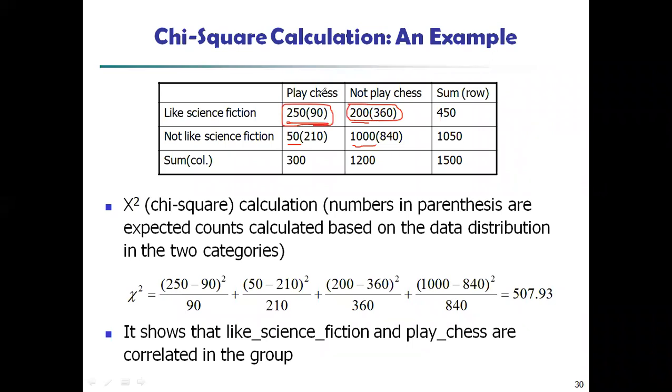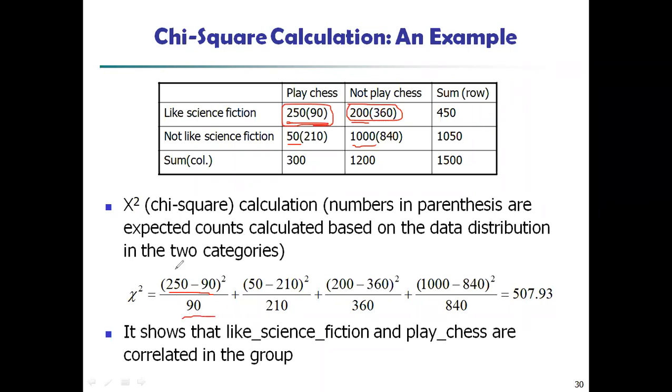If you take play chess, whoever plays chess likes science fiction. If you calculate using the chi-square formula, it is 250 minus 90, whole squared, divided by 90.